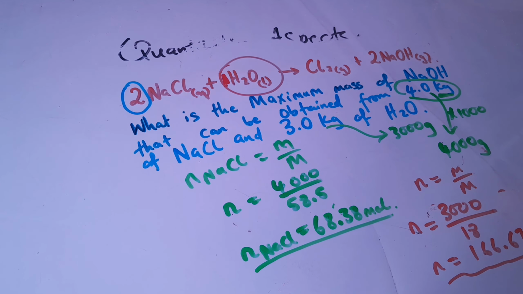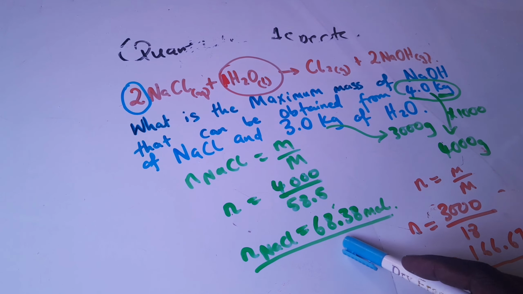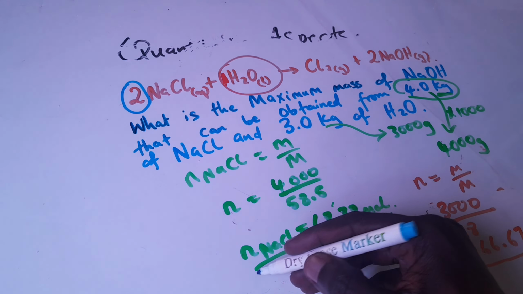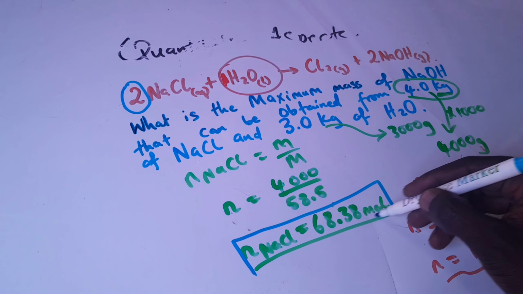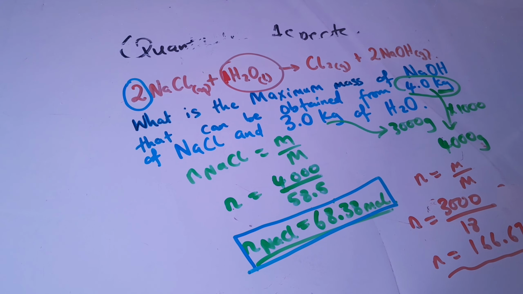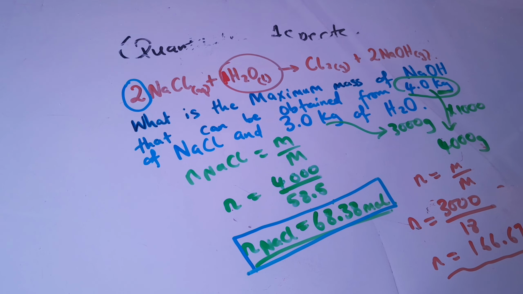But already, just like that, we can see that if we divide this, it will still be a small number, right? Is this making sense? Yes. So it means that our sodium chloride is the limiting reagent. This will limit our reaction, right?